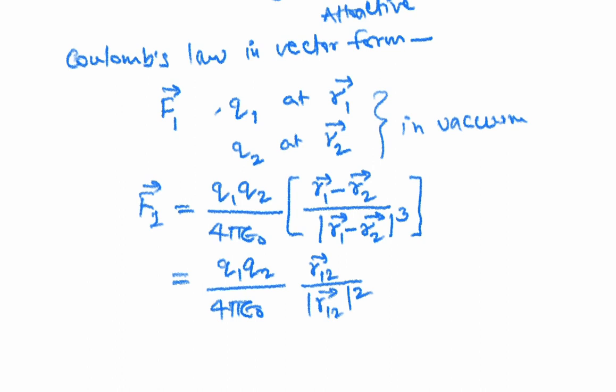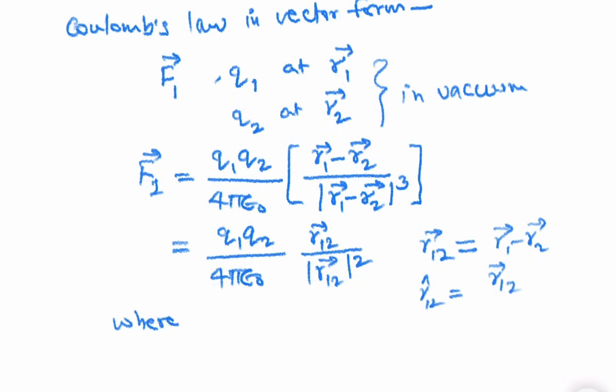Here we have taken R12 vector is equal to R1 vector minus R2 vector, the vectorial distance between the charges, where we have taken K is equal to 1 by 4 pi epsilon naught for vacuum.